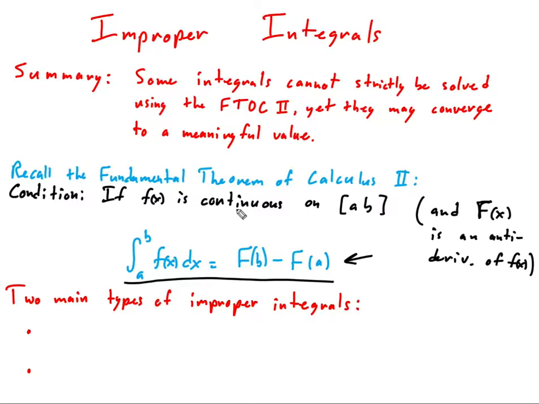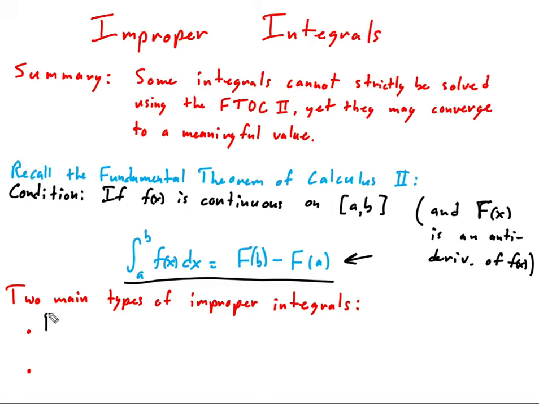Let's focus on the first part of this condition. If we have a function that is not continuous on our closed interval given by the integral, then we can't strictly apply this formula. This gives us two main types of improper integrals.